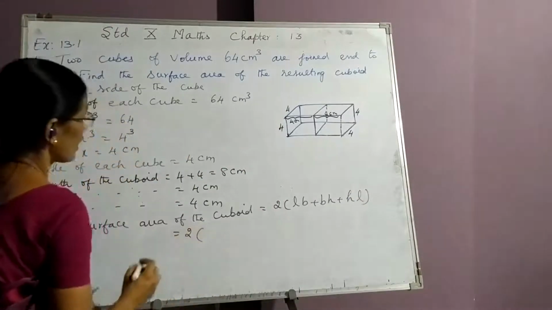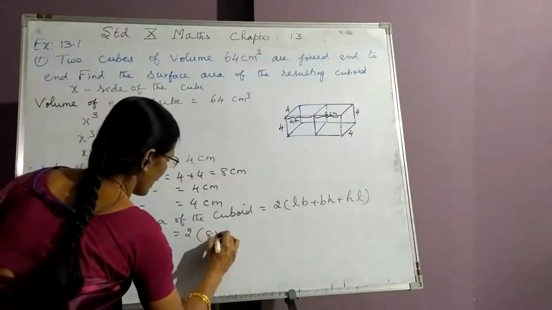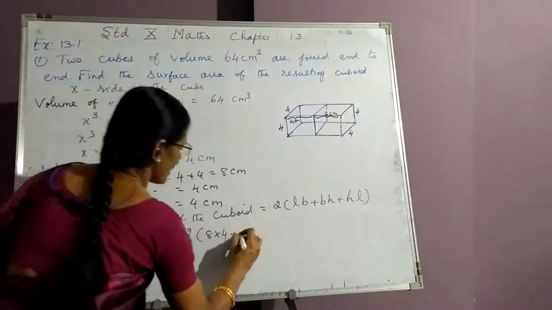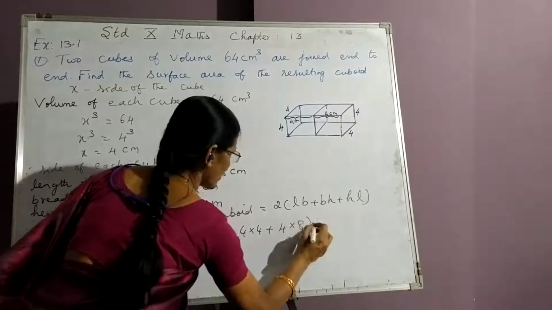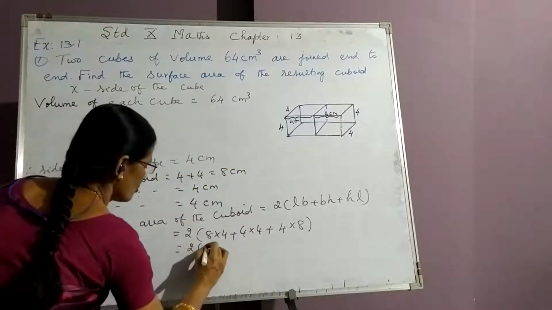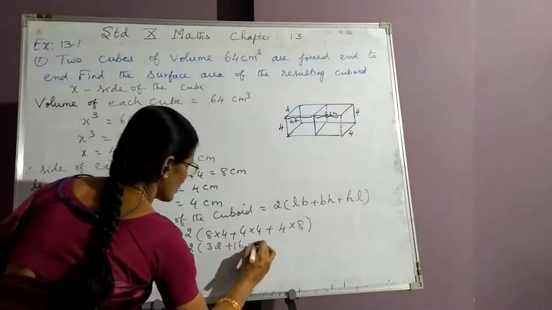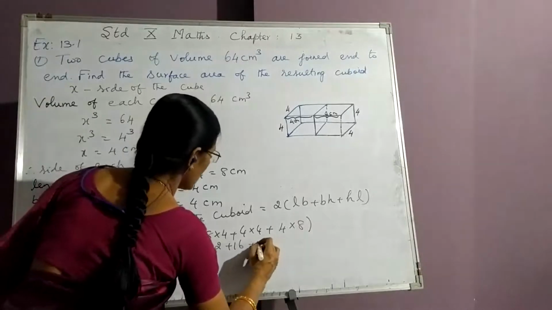Substituting, 2 into L is 8, 8 into 4, B and H each is 4, height is 4, L is 8, which is 2 into (32 plus 16 plus 32).